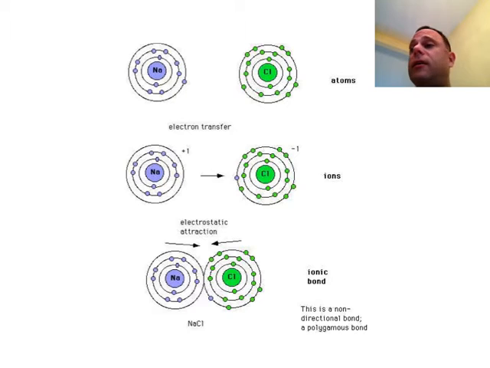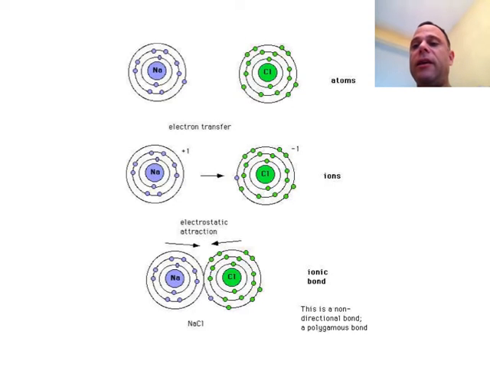Now this slide is nice too. It's showing pretty much the same thing. We have sodium with its electron configuration of 2, 8, 1. And in this case, it's chlorine with its electron configuration of 2, 8, 7. Well, what will happen? The outermost electron of the sodium is transferred to the outermost shell of chlorine, stabilizing it.